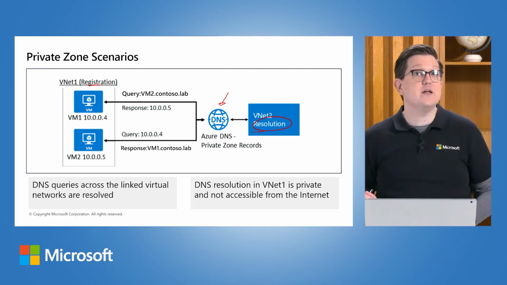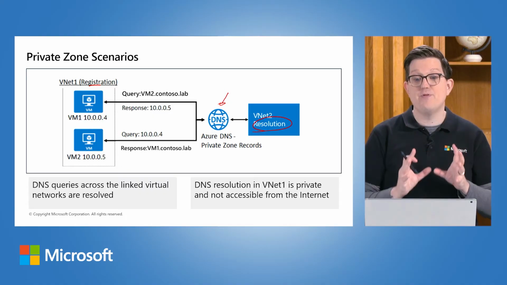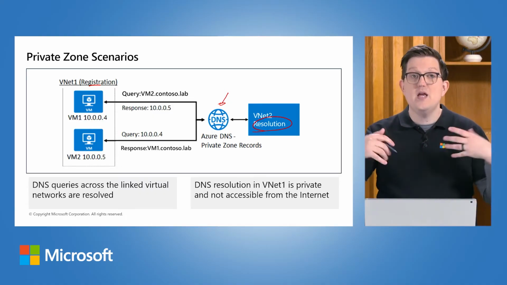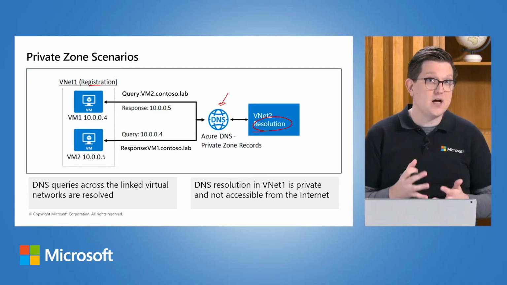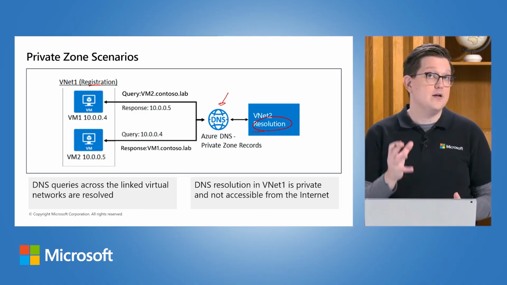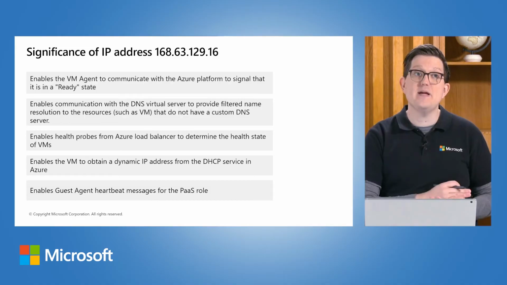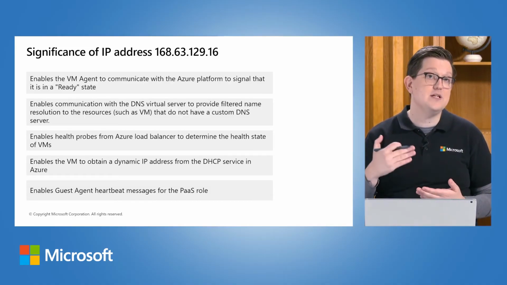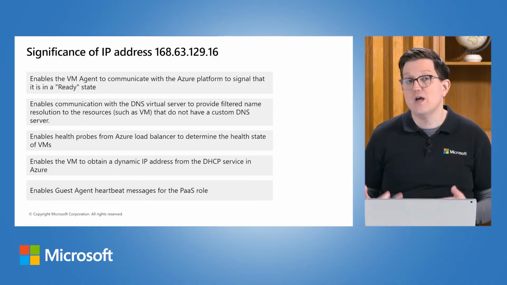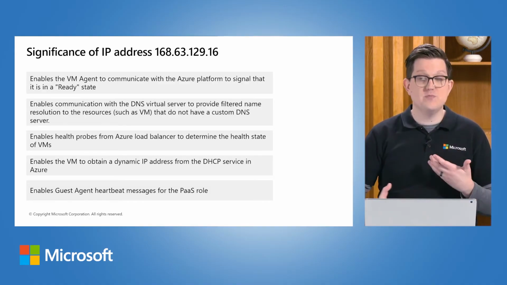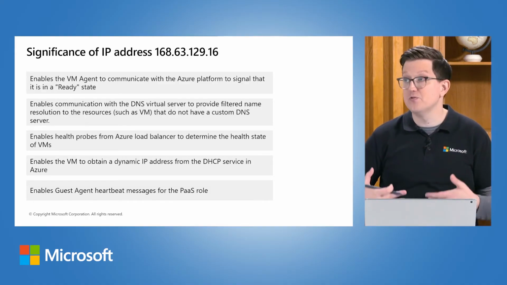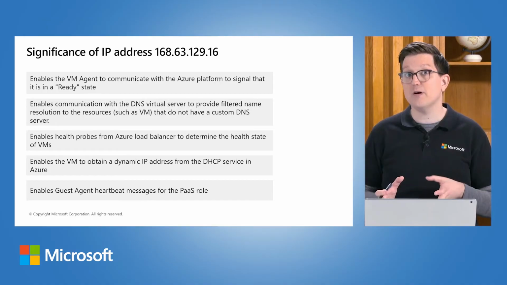Now there is one big thing to remember around this type of registration and resolution. It works in Azure and is designed for Azure. Now there's a big reason that this happens. This IP address, 168.63.129.16, is a special IP that we use to be able to pass metadata down through to resources in an Azure Virtual Network.